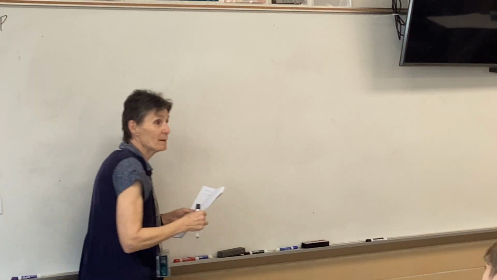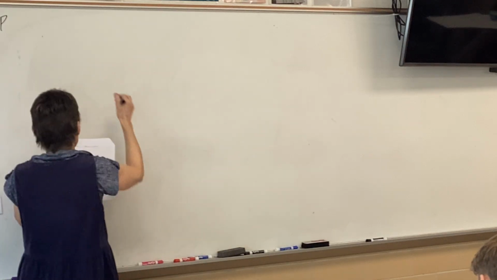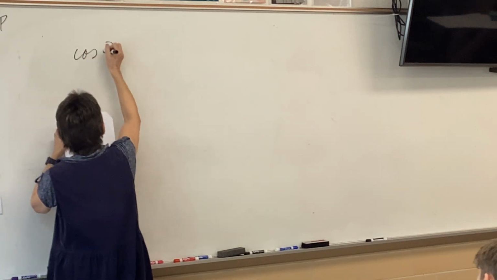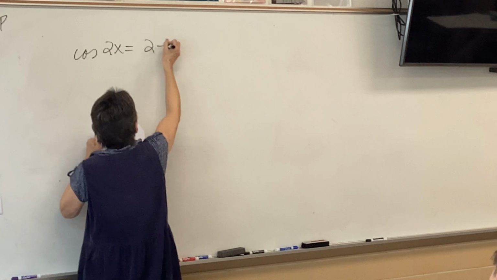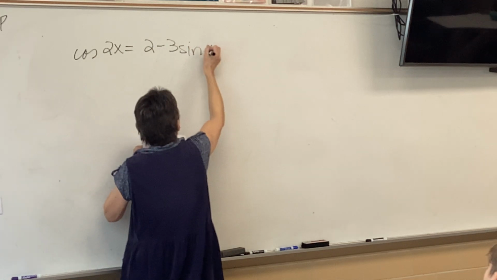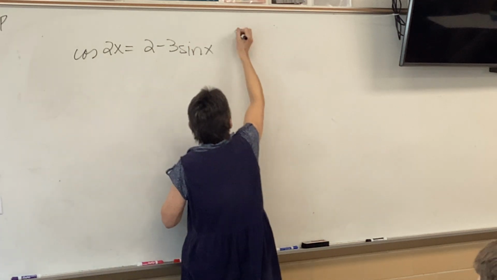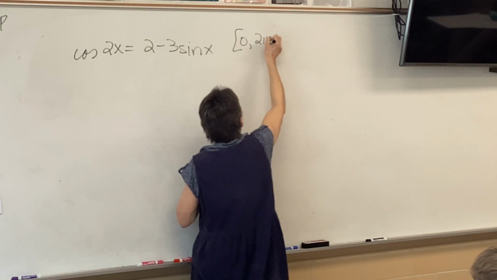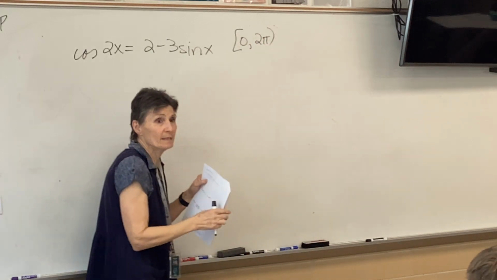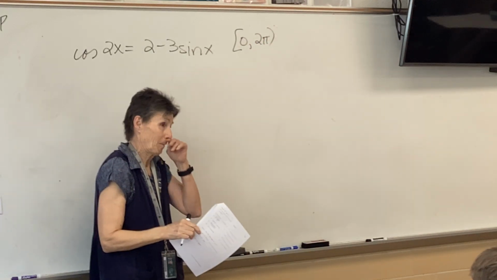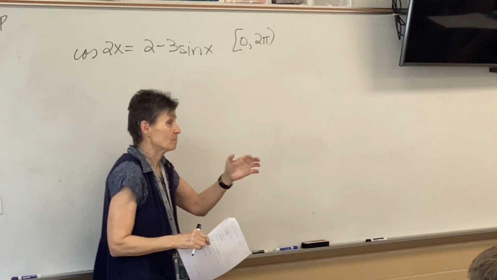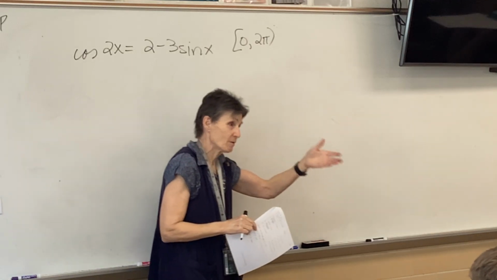Okay, are we on the back of page 5? First problem says we are going to solve this equation. And we are going to answer in radians. So if we get 30 degrees, we won't say that, we'll say pi over 6.